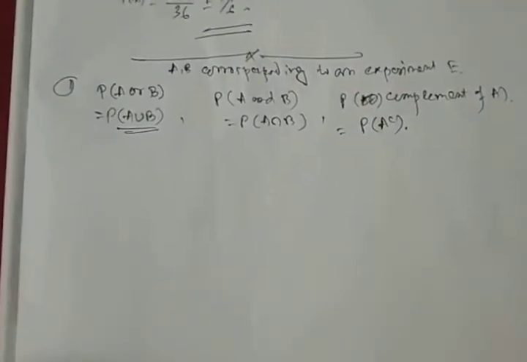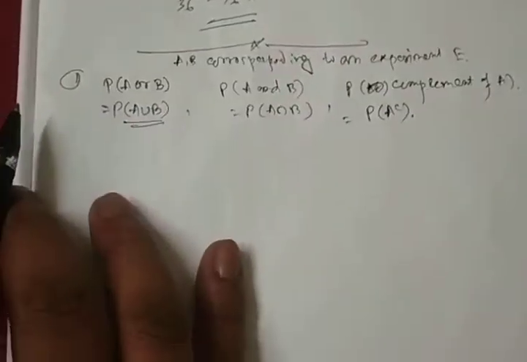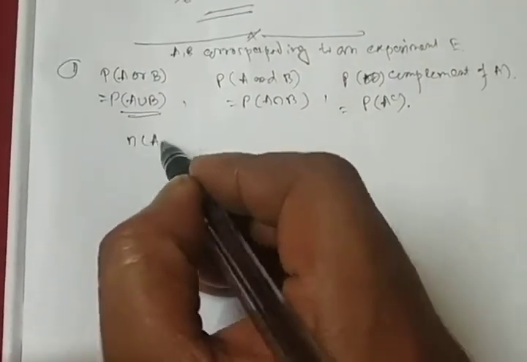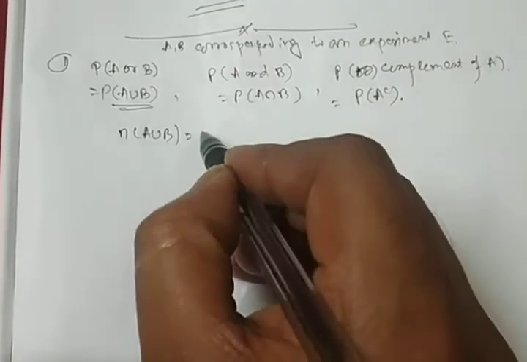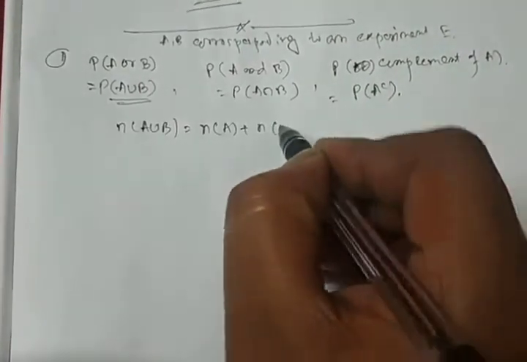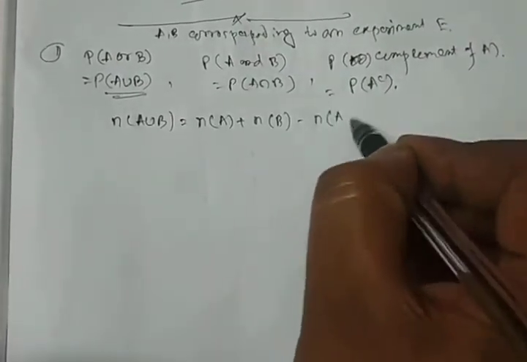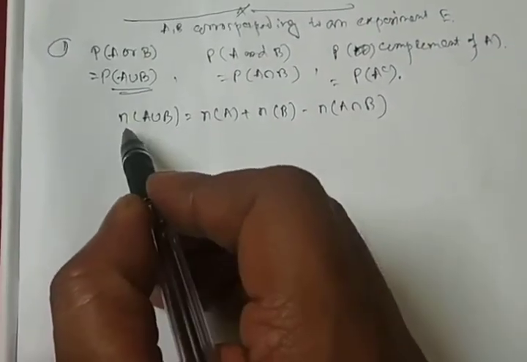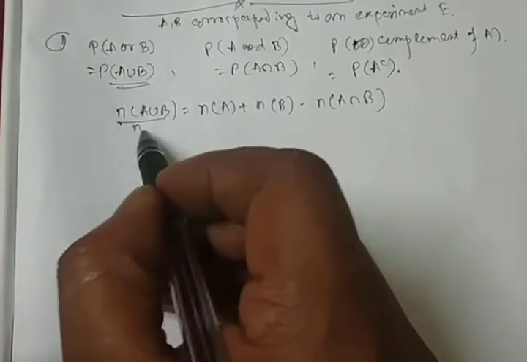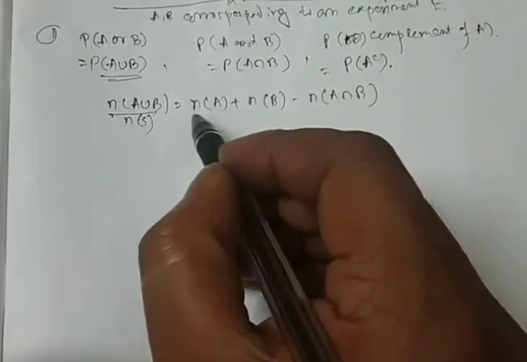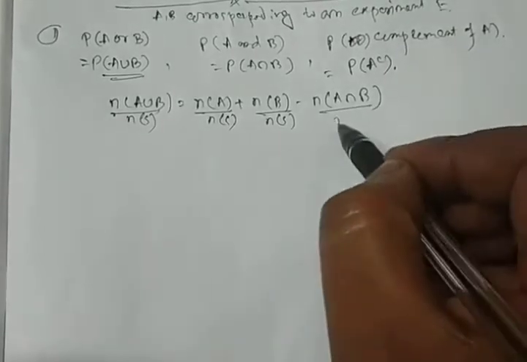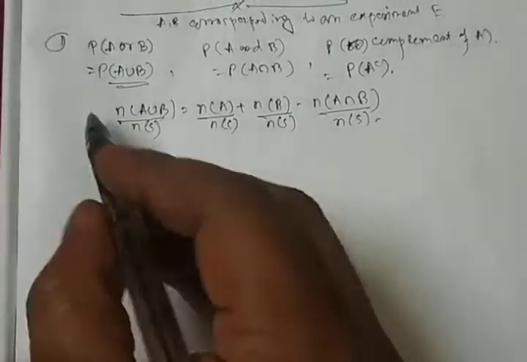Now we have to find P of A union B. In the set chapter we know that n of A union B equals number of A plus number of B minus number of A intersection B. Now if I divide by n of S, the number of elements in the sample space, in each case the relation will be the same.